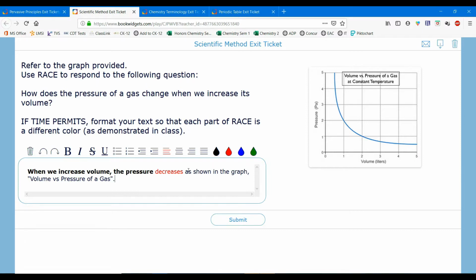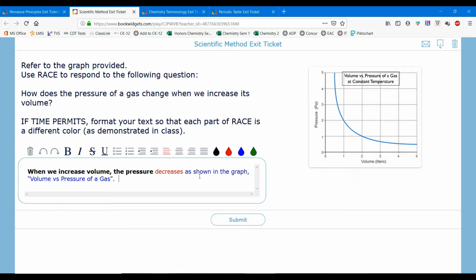So this part is C, citing. This is where you got that information from. So R, A, and C, all in one sentence. Restating, just to sound like you have good English, you're a good communicator. Answering the question, it's the heart of the task. And then showing the reader where you got that information, proving that you used some information to back it up, or some resource, some reference.